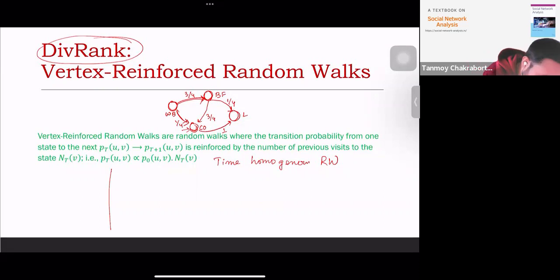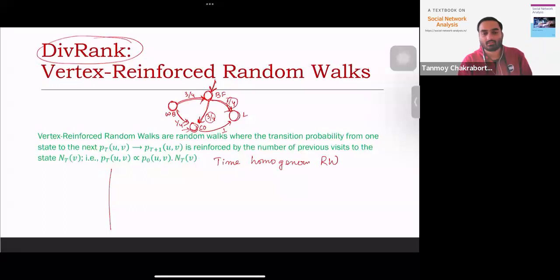What I'm saying is that this is exactly a random walk, right? What we do in a random walk, say we are currently at this node, and we decide whether I would move through this link or through this link, with certain probability. And so far what we assumed is that there are two factors.